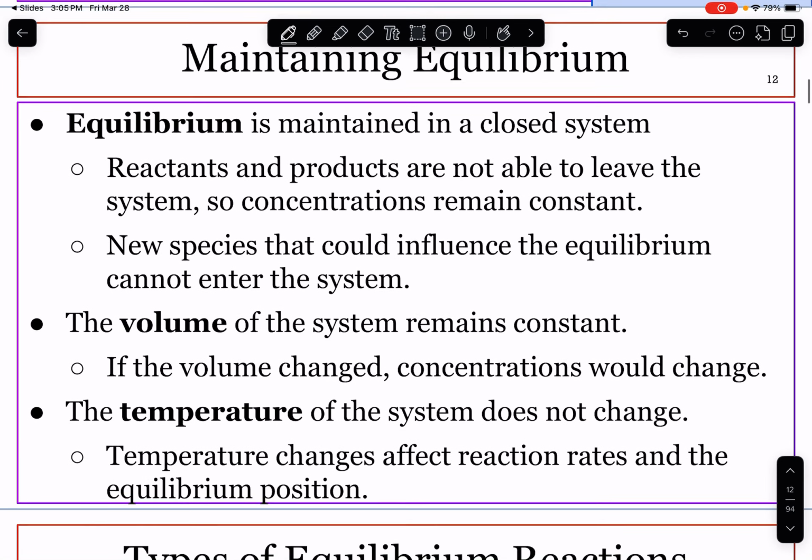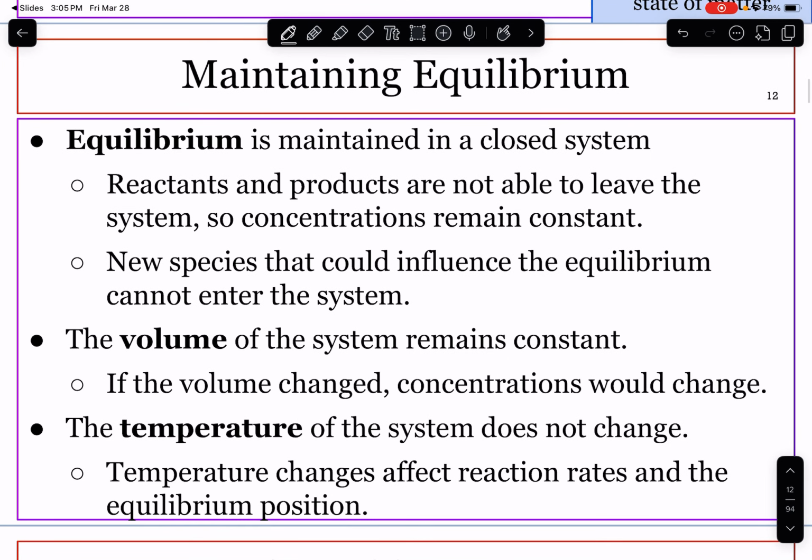So nature not only pushes each chemical reaction to reach equilibrium, but it also wants to maintain equilibrium. And equilibrium is maintained in a closed system. As soon as you open the system or open the lid, some of the reactants and products could leave the container, assuming they were gas particles, and other gas particles might enter the container.